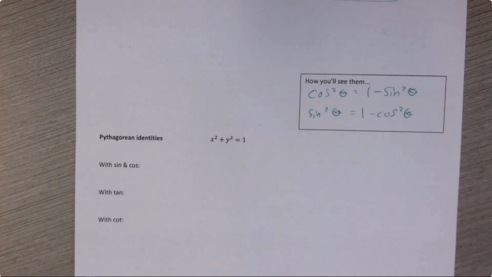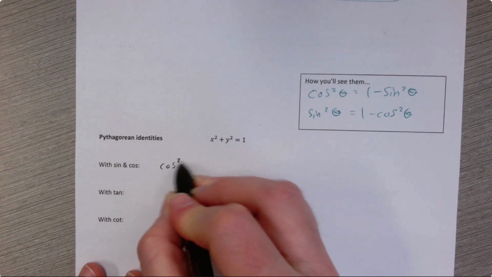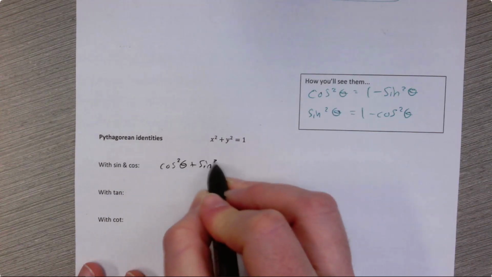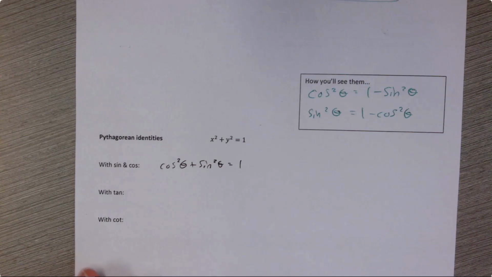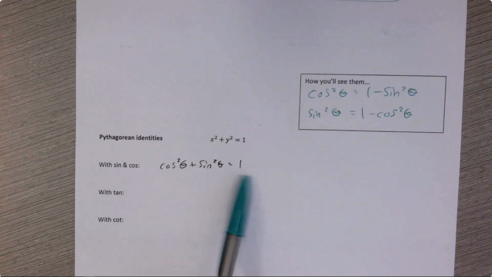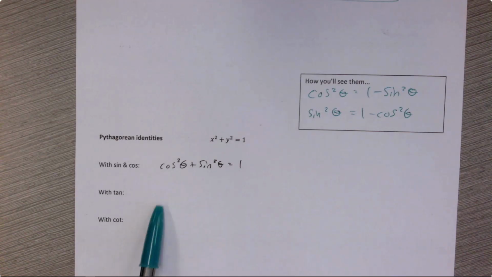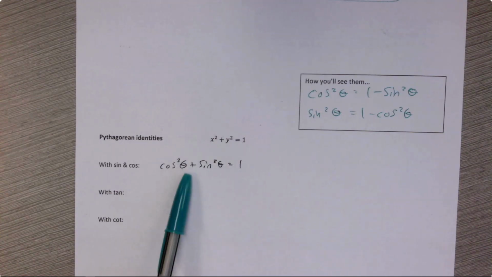There are actually 3 different versions of the Pythagorean identity. The one with sines and cosines we just did. Let's write it again: cosine squared plus sine squared is 1. I'm going to pause the video and ask you, if I was going to do something to both sides of the equation that will make a tangent appear, like I want to turn some of these terms into a tangent, what could I do?